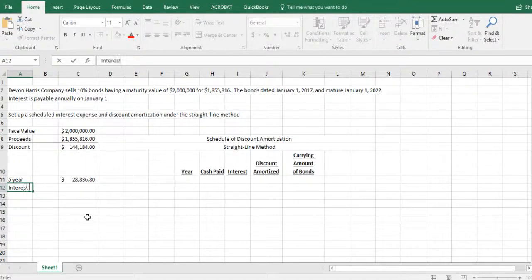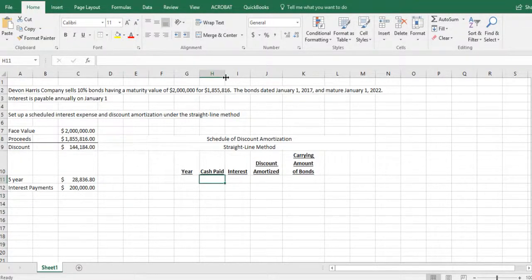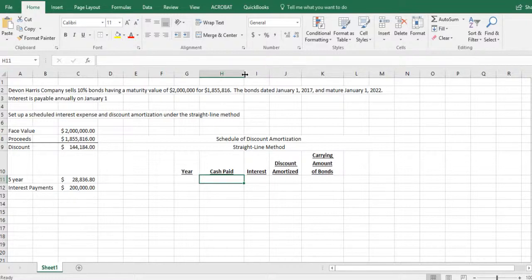So let's say interest payments. This is what we'll actually be paying at every regular period: $200,000. This is a contractual obligation for us to pay. This will not change. We will always pay $200,000.